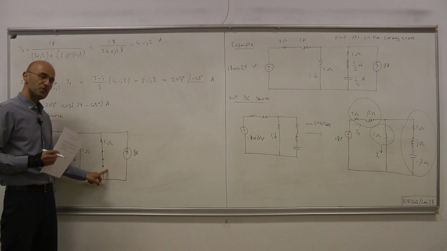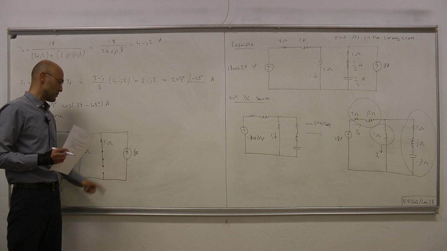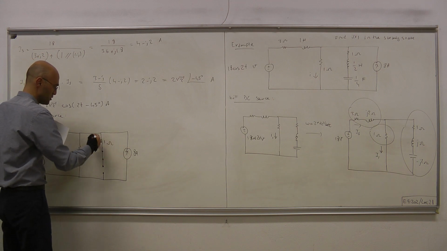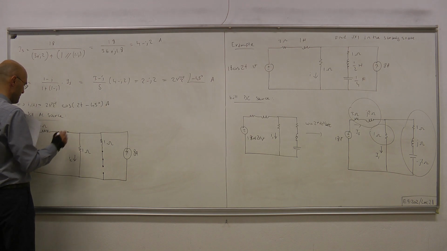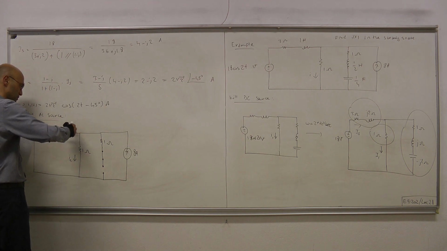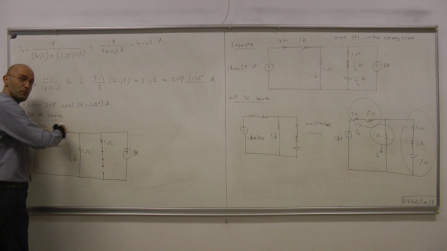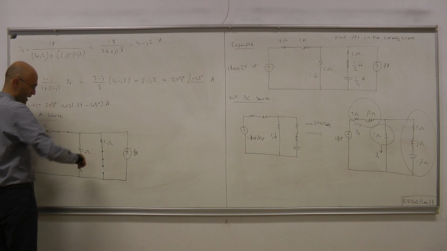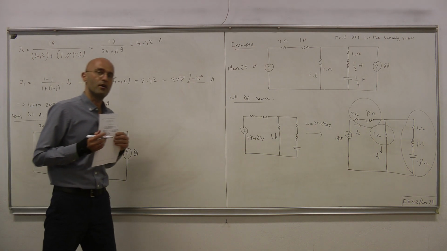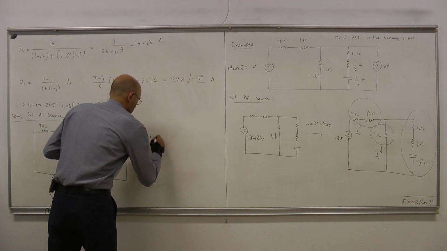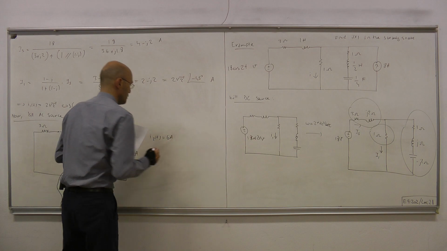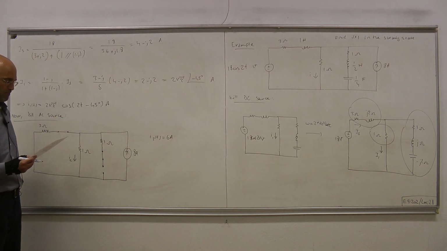Because of this open circuit, because of this capacitor here, we can simply ignore this branch. And what happens is we have 8 amps, and that's divided between 3 ohms and 1 ohm. So clearly 2 amps will be flowing over the 3 ohm resistor, and the remaining 6 amps will be flowing over the 1 ohm resistor. And I2 of t can easily be computed to equal 6 amps.